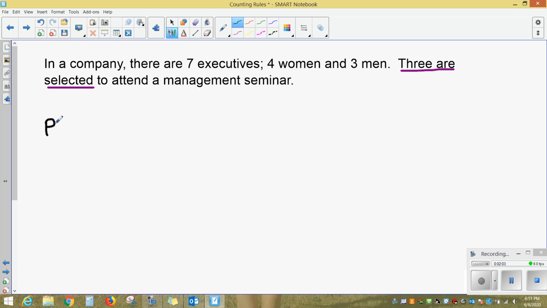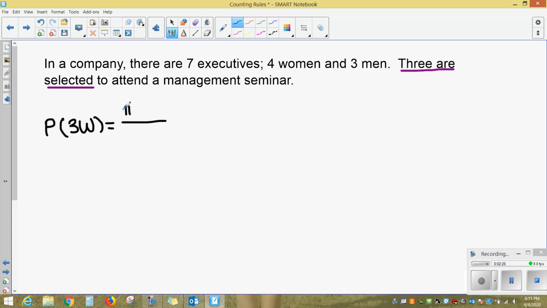Maybe I want to find the probability that when I select this committee of 3 people to go, all 3 of them will be women. Okay, so if I want to find the probability of something happening, I have to figure out how many ways I can choose 3 women over how many total possible ways I can get 3 people.